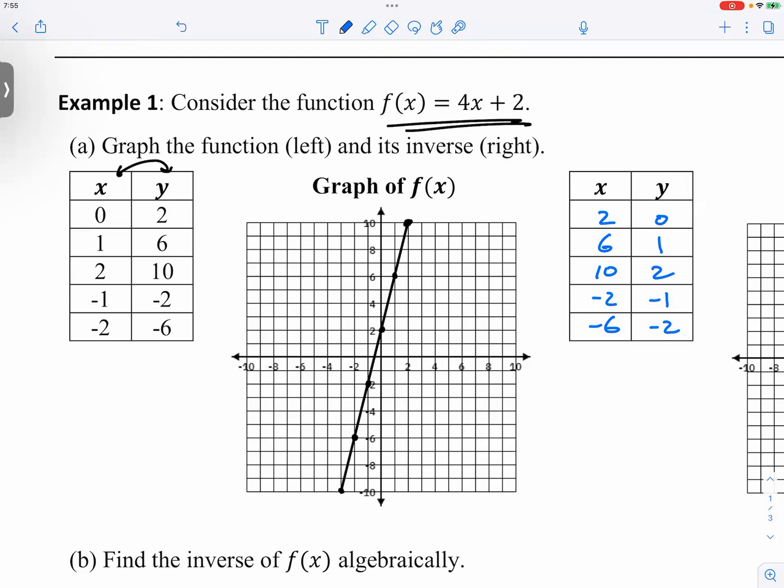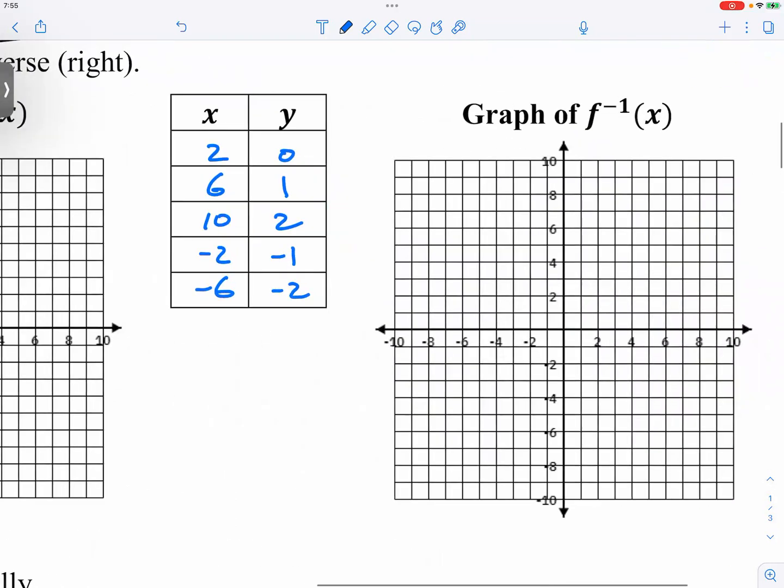Okay. So we're addressing the how. How do we find the inverse? So one way to do it is to just swap the xy values, and then you can go ahead and make a plot. Okay, so you have a line that goes like this.